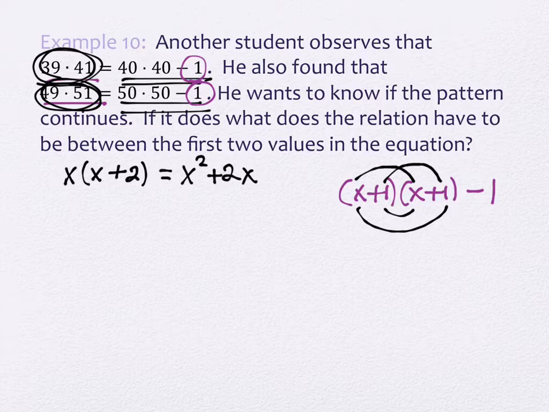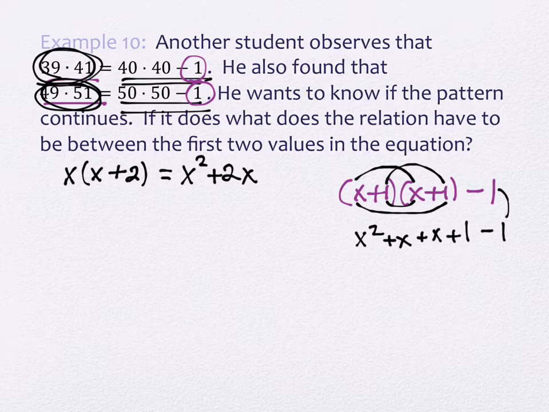So I have the first terms here, which is x times x, which gives me what? X squared. The outer, or the bottom part of my face, is x times 1, which gives me x. The inner is 1 times x, which gives me, oh, I didn't draw that right. There it goes. Which gives me x. And then the last terms, which is 1 times 1, which gives me 1.